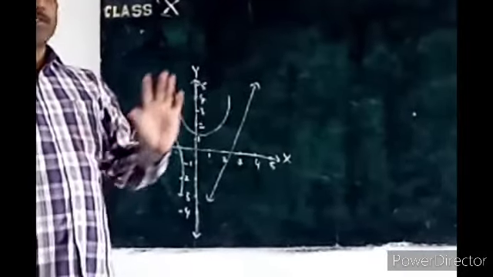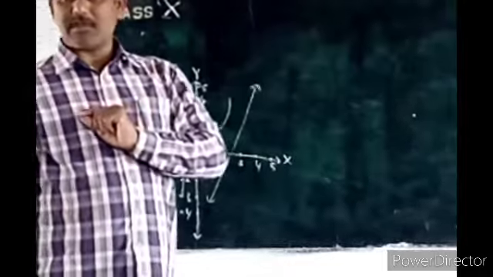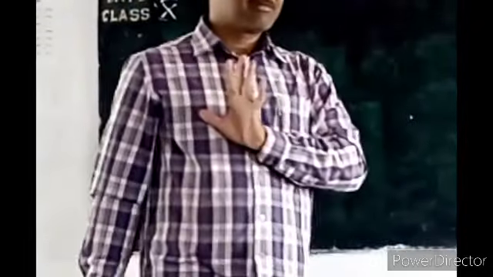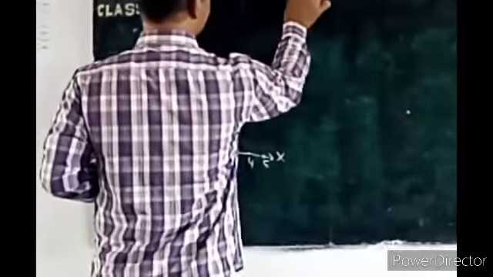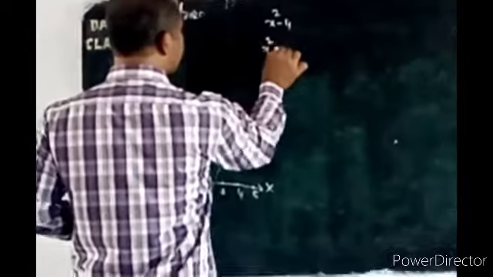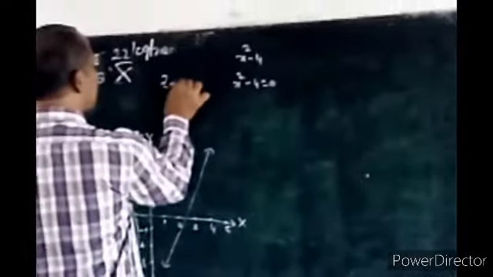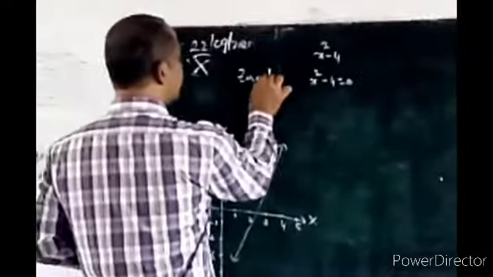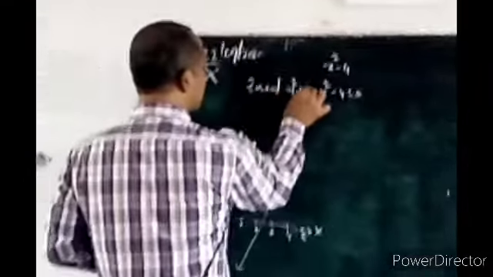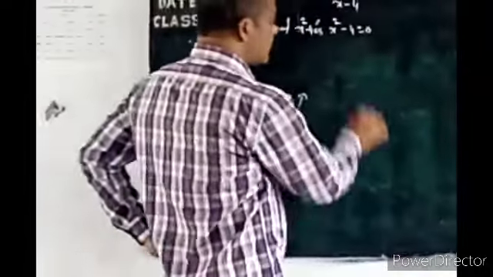Suppose x square minus 4 is given. What are the zeros here? The zero of x square minus 4 is found by taking x square minus 4 equals 0.